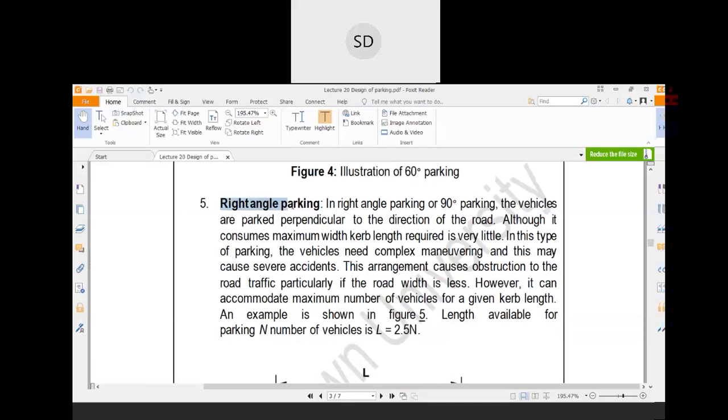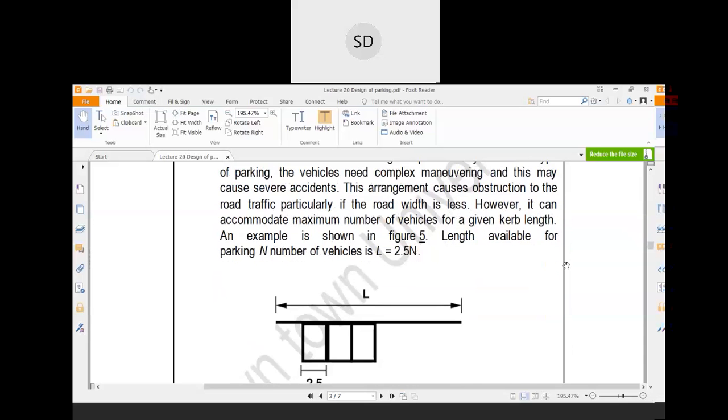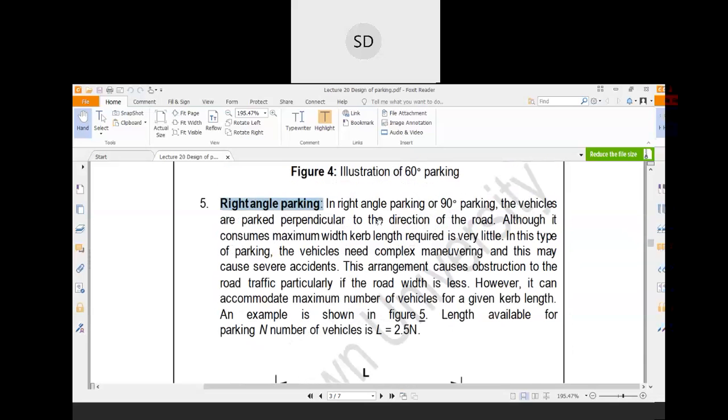Then the last one is right angle parking or 90-degree parking. In right angle parking, the vehicles are parked perpendicular to the direction of the road. Although it consumes maximum width, the curb length required is much less.